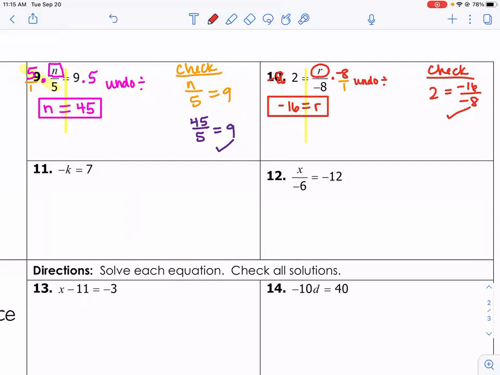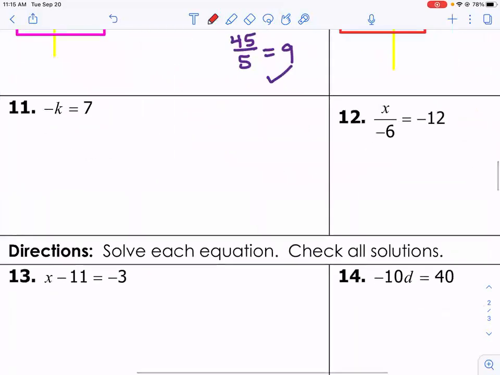What number is in front of K in number 11? It's like negative 1 times K. Does that help you?